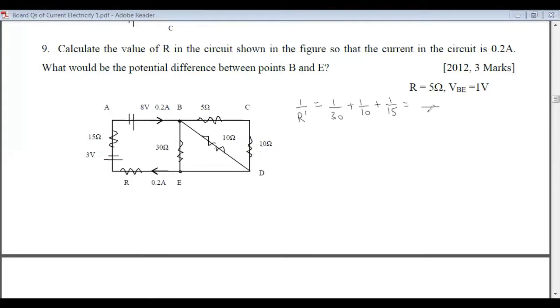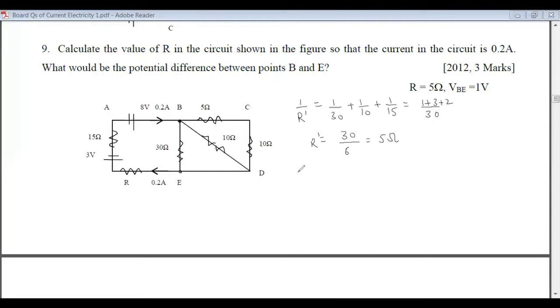Here the LCM is 30: 1 plus 3 plus 2. Hence R dash is equal to 30 upon 6, that is equal to 5 ohms. So across BE, the resistance is 5 ohms.